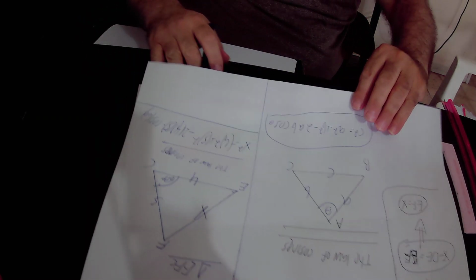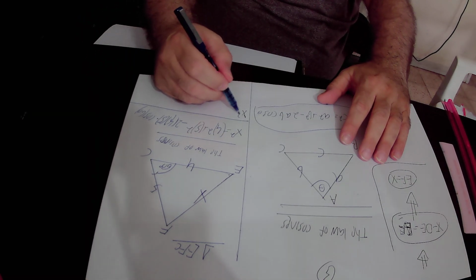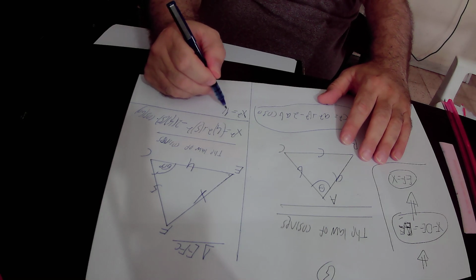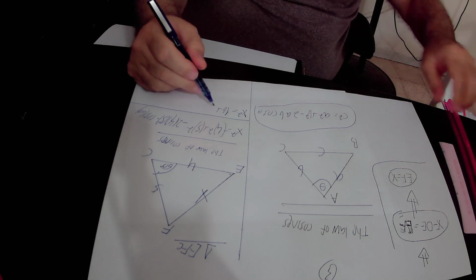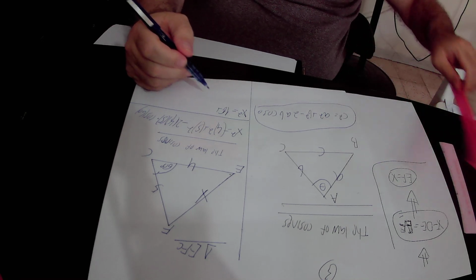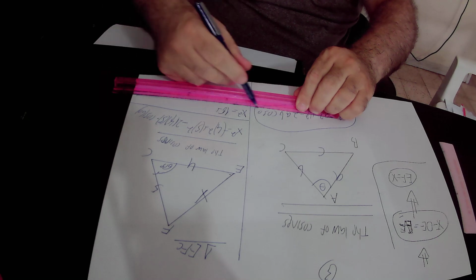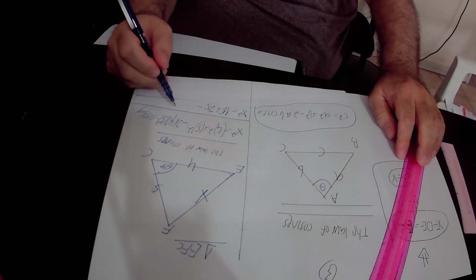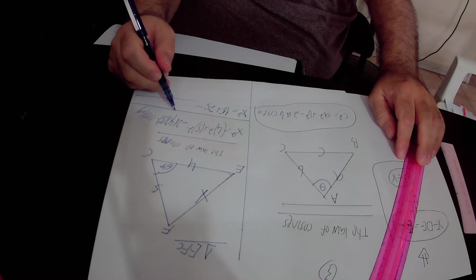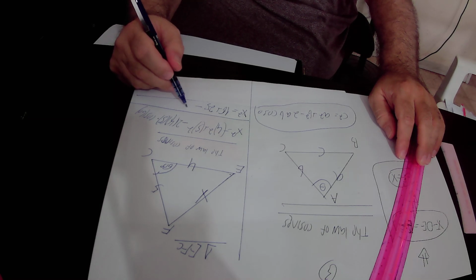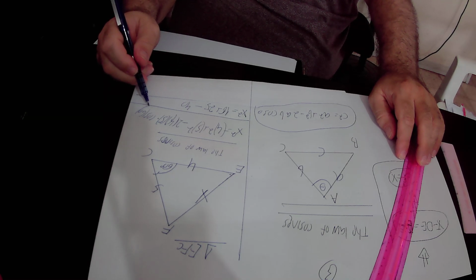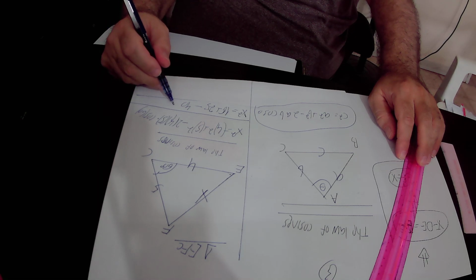So actually we have here x squared equal to 4 squared, that is 16, plus 5 squared, that is 25, minus 2 times 4 is minus 8, and minus 8 times 5 is minus 40, times cosine 60 degrees. Cosine 60 degrees is 1/2, so we substitute cosine 60 degrees by 1/2.